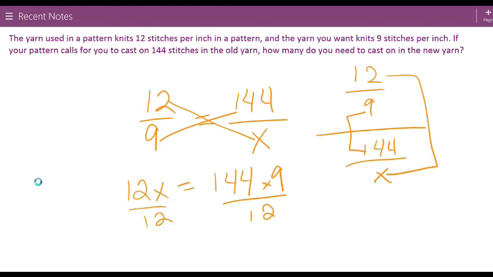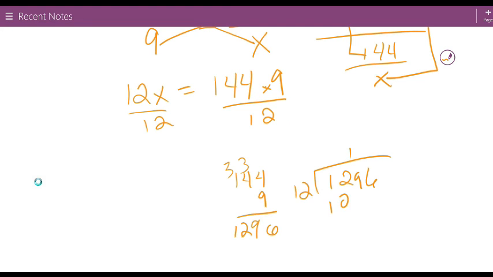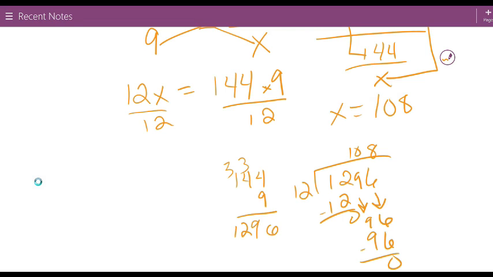So let's scooch down here. 144 times 9 is 1296, divided by 12, that's going to be 108. So in your new yarn, you would cast on 108 stitches.